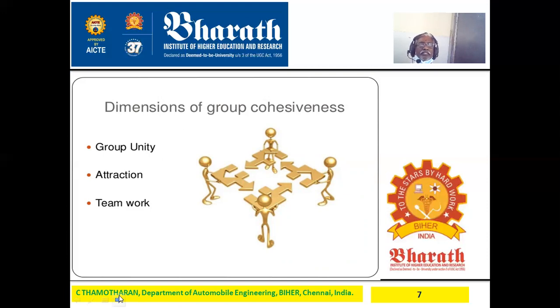Group cohesiveness is also very important in the way they show it. One to one, they discuss, they share knowledge, they give suggestions. So teamwork performance is good.